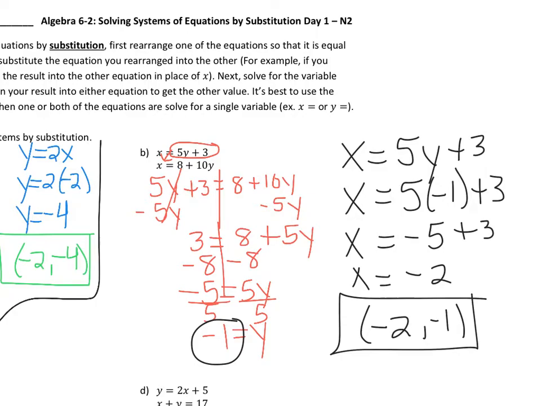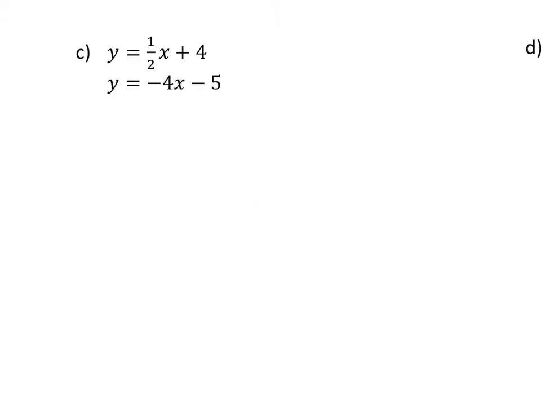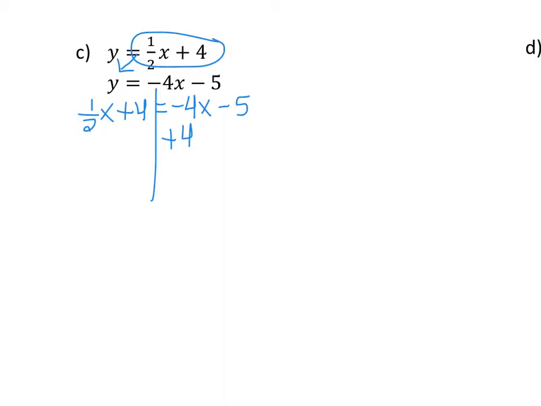Let's take a look at C. Okay, letter C. We are solved for y in both of these. So I will take this 1/2 x plus 4 and substitute it in for the y in the second equation. So 1/2 x plus 4 equals negative 4x minus 5. Going to add 4x to both sides. 4x plus 1/2 x is 4.5x.